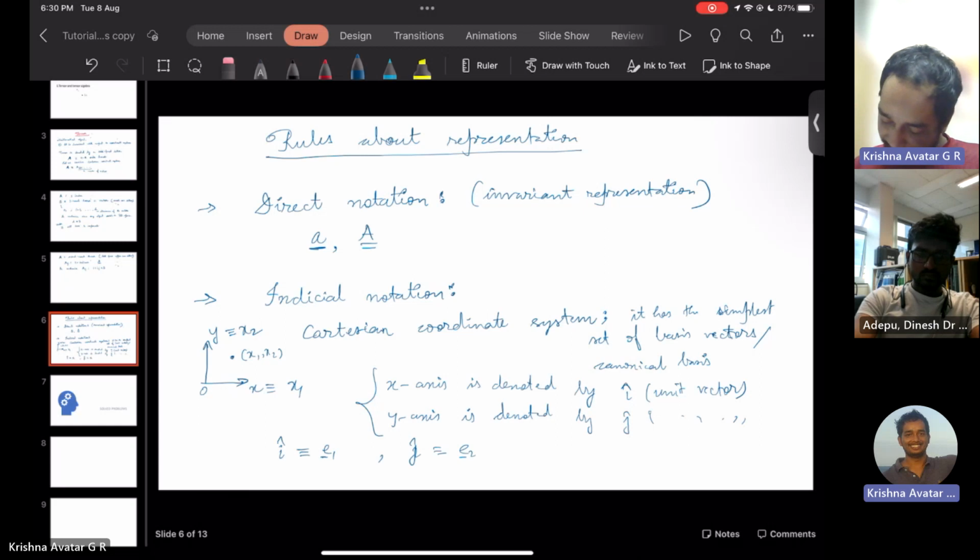So the canonical basis in general, for any dimension, will always be represented as e1, e2 till en.